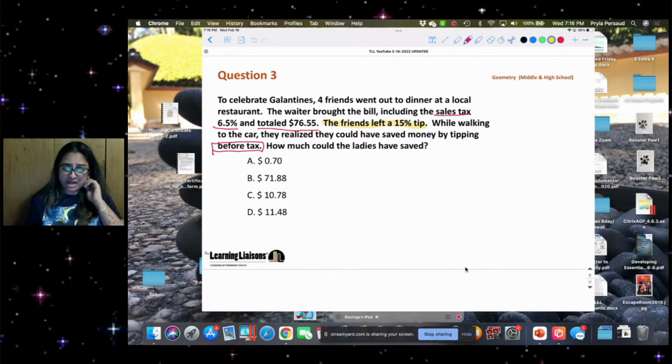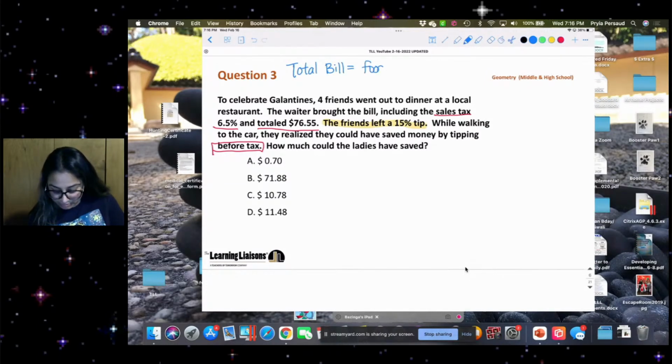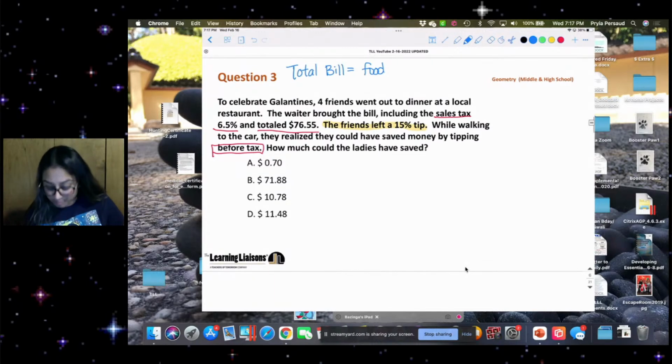Okay, so we have to figure out what's going on. There's a lot of information, but I don't really know how to use it yet. So what I'm going to do is try to figure out what my total bill is made of. Maybe that might help me figure out how much my food cost was. So I know that my total bill is equal to my food/drinks plus my tax.